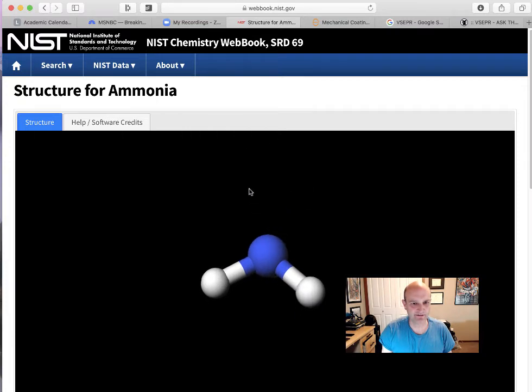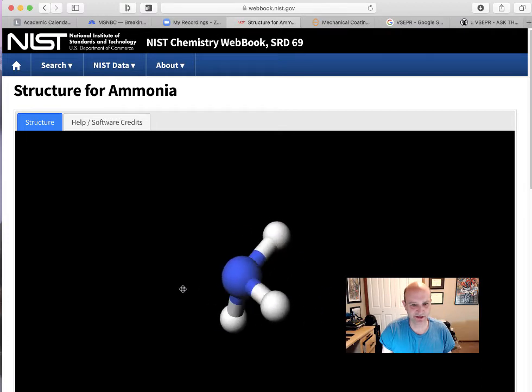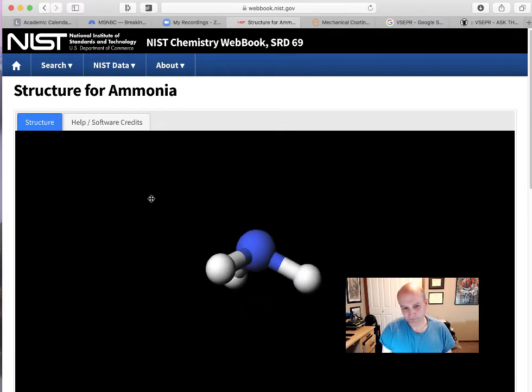There's a big cloud of electrons which bends the other guys down. So this is nitrogen and these are 3 hydrogens. These are 107 degrees because, as we've already learned, the charged clouds tend to push, especially the smaller atoms, down further away from themselves, and so that's what ammonia looks like.